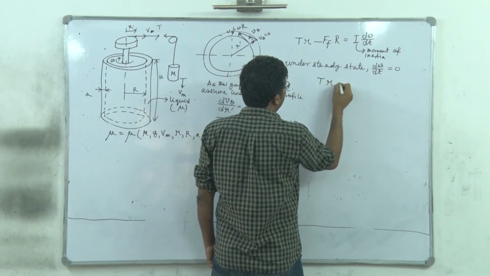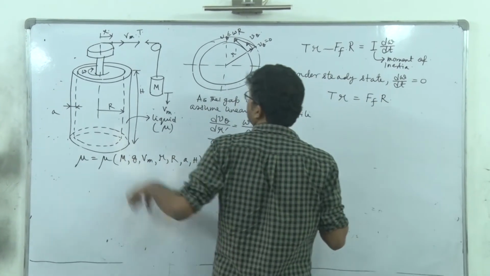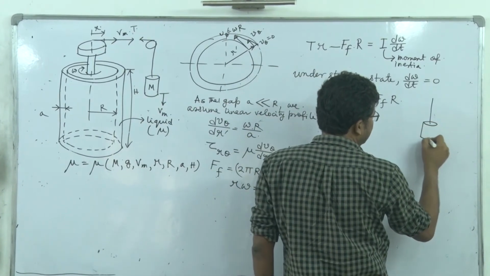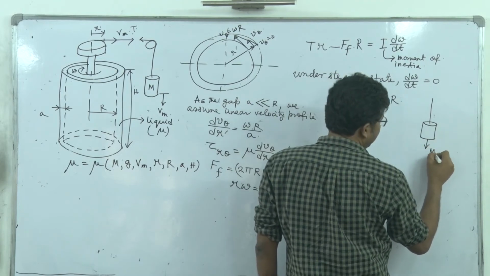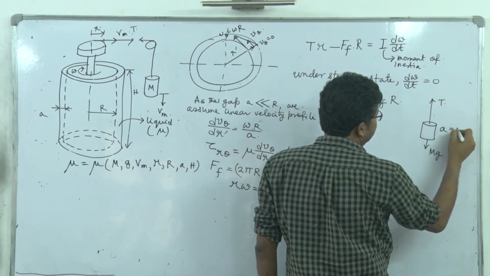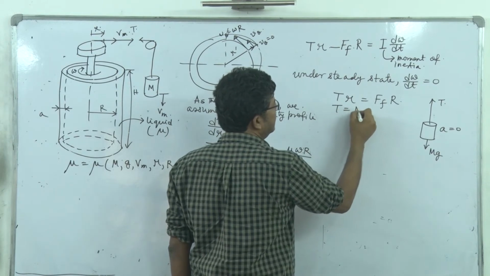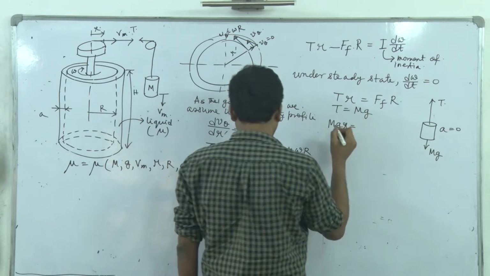So T into small r is equal to Ff into capital R. Now what is T? If I draw the free body of this falling mass, its weight is mg, and here it is T. The acceleration is 0. So T is nothing but mg under steady state. So m into g into r.